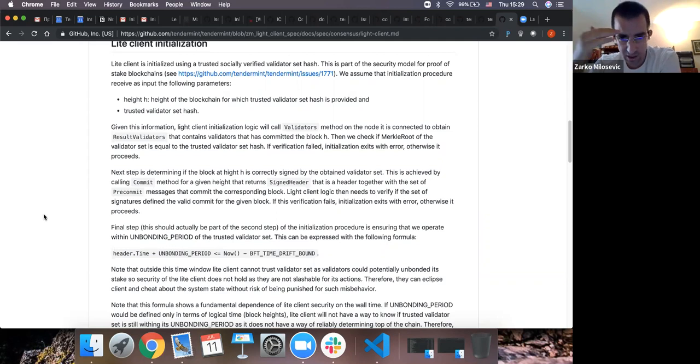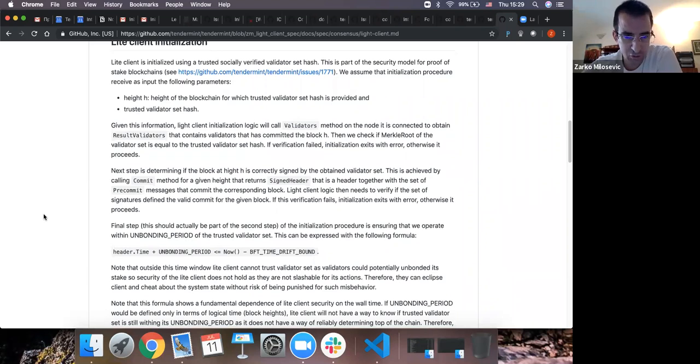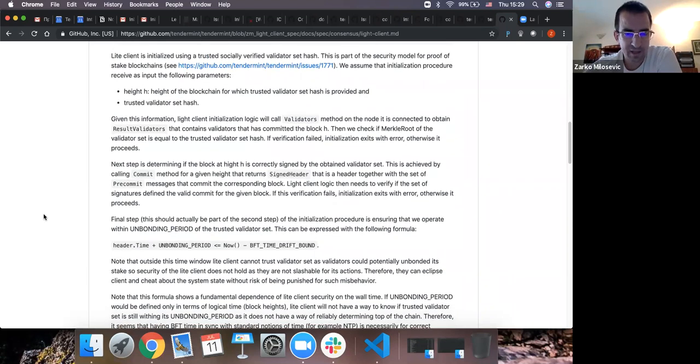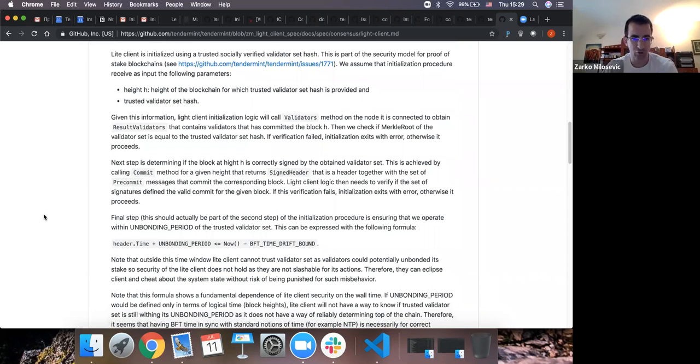But what I did here is more or less one step ahead, and this is checking also the commit which corresponds to that block height h, and checking that the commit is indeed signed by more than 2/3 of what I consider the trusted validator set.